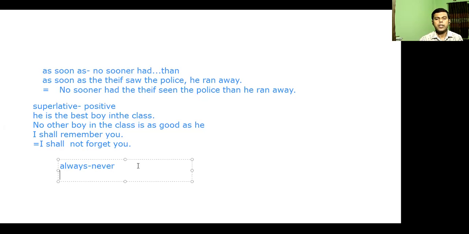Always will be replaced with never. And when we use "never" instead of "always", the given verb or adjective will be replaced with the opposite part.